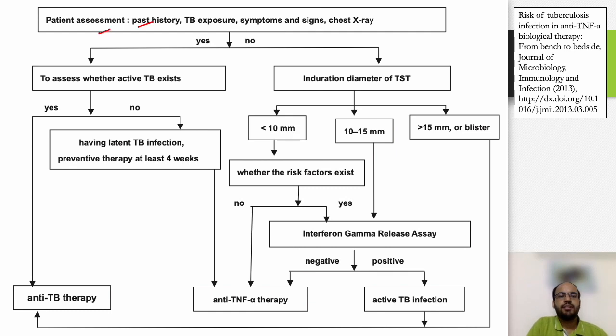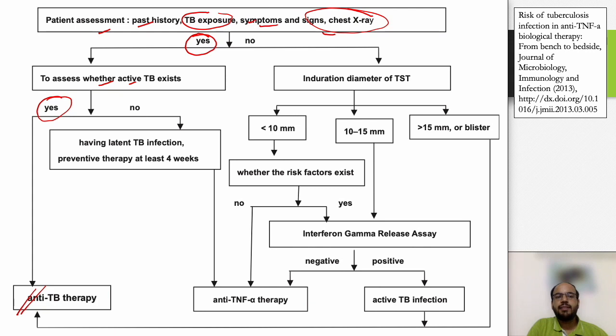Assess the patient's history for any TB exposure, signs, symptoms, get a chest X-ray done, and see if the patient has any focus of tuberculosis. If a focus is present, assess whether active TB exists or if it is just latent. If active TB is there, you have to treat, no other choice.